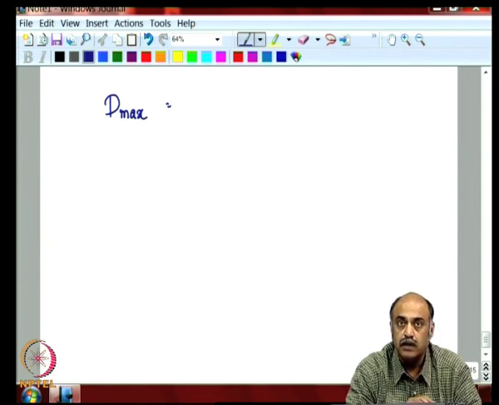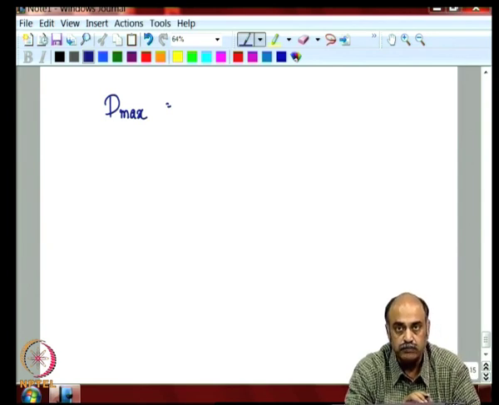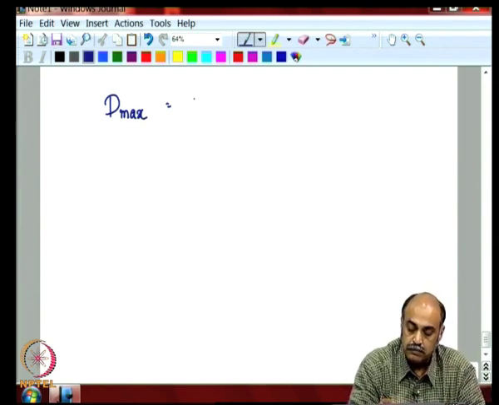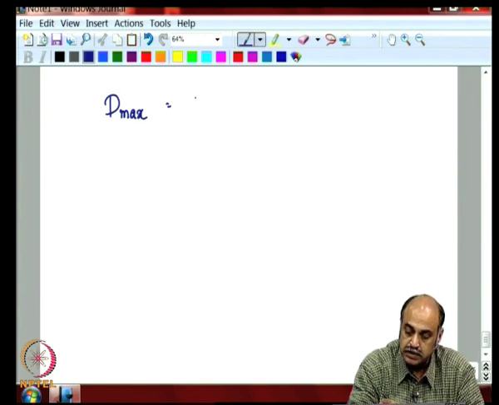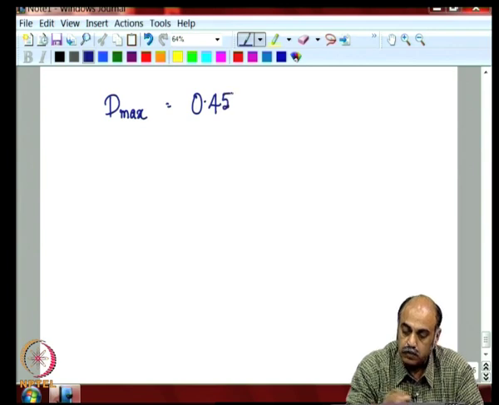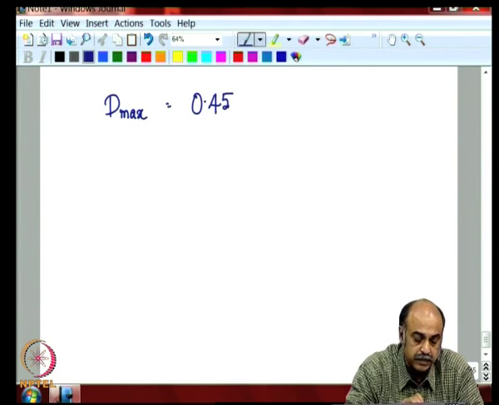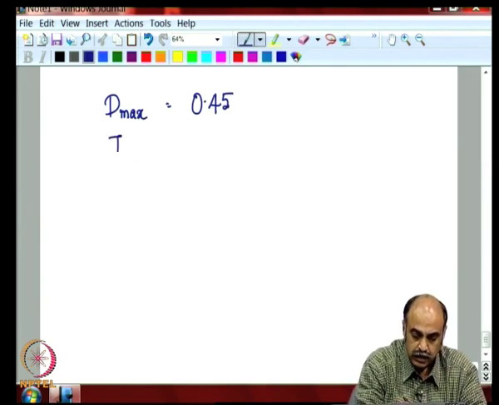It should not be more than 50%, because if you go more than 50%, there is not enough time left for resetting the core, and therefore the max limit for D max is 50%, and to be on a safer side, normally 0.45 or 45% is chosen as the D max for transformer isolated cores.